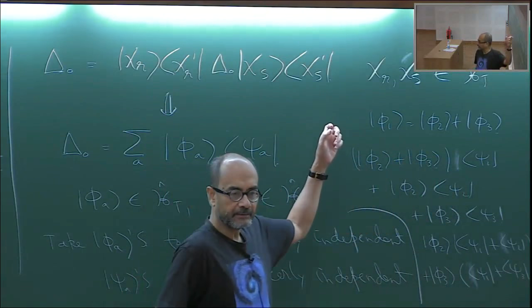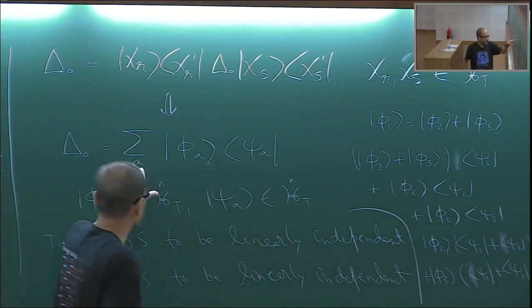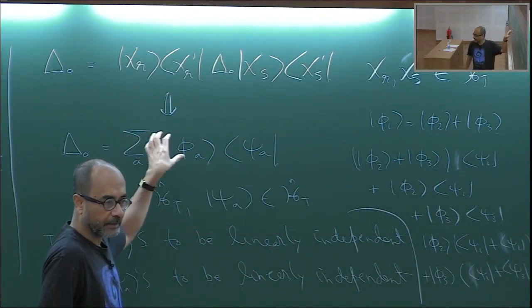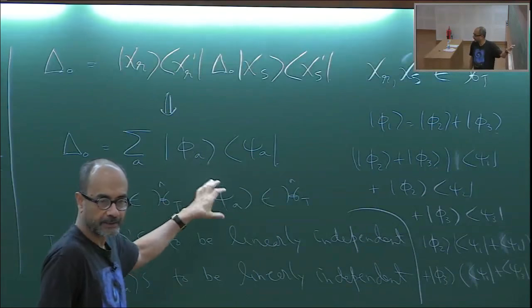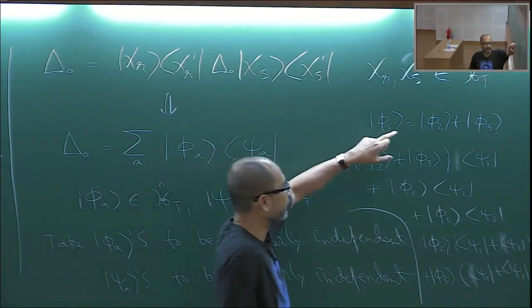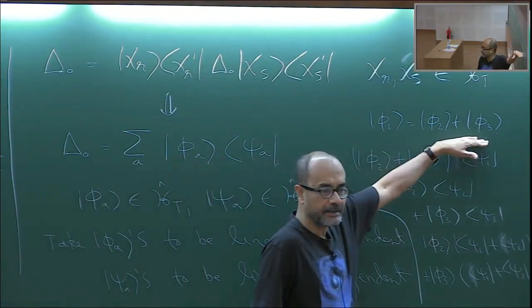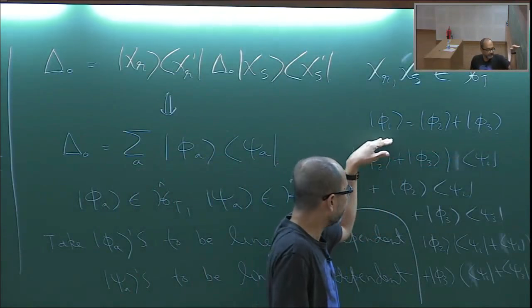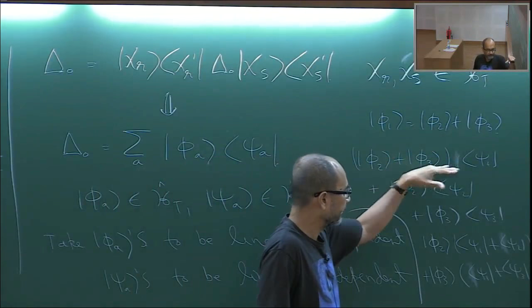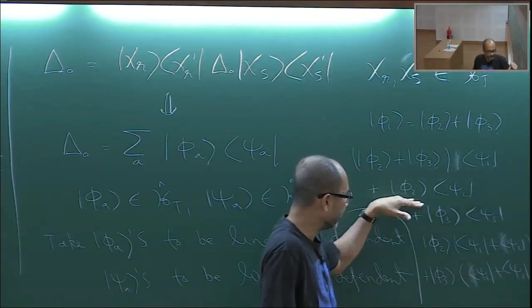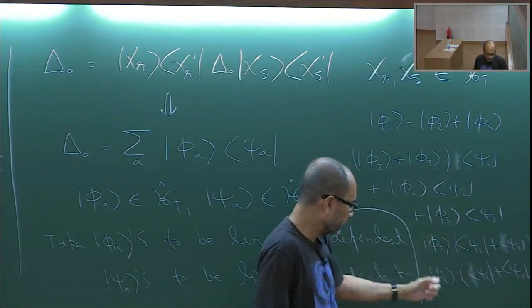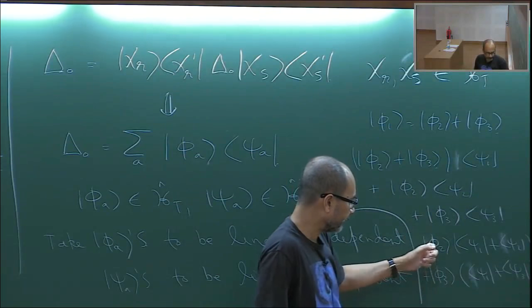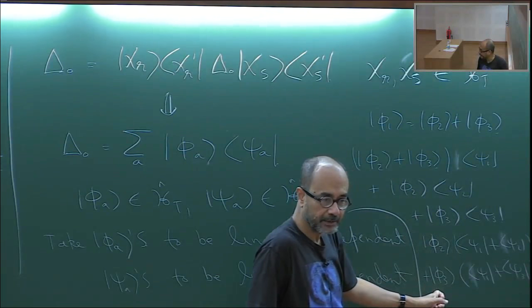So if you had phi 1 psi 1, suppose the sum runs from 1 to 3: phi 1 psi 1 plus phi 2 psi 2 plus phi 3 psi 3, and suppose phi 1, phi 2, phi 3 are not linearly independent, there is a relation of this form. Just rewrite phi 1 in terms of phi 2 plus phi 3. Then you have written it as phi 2 times something and phi 3 times something.